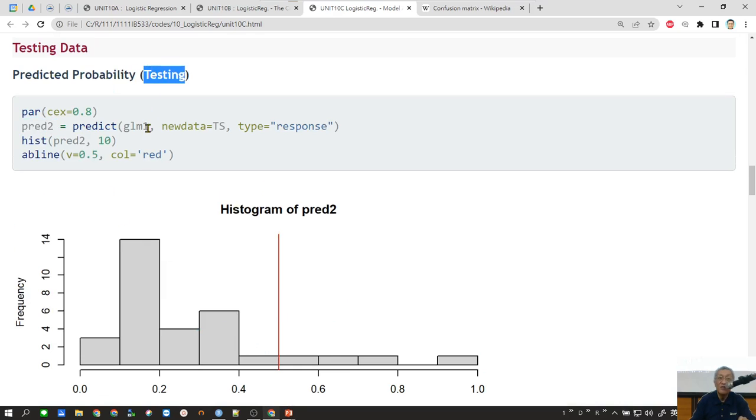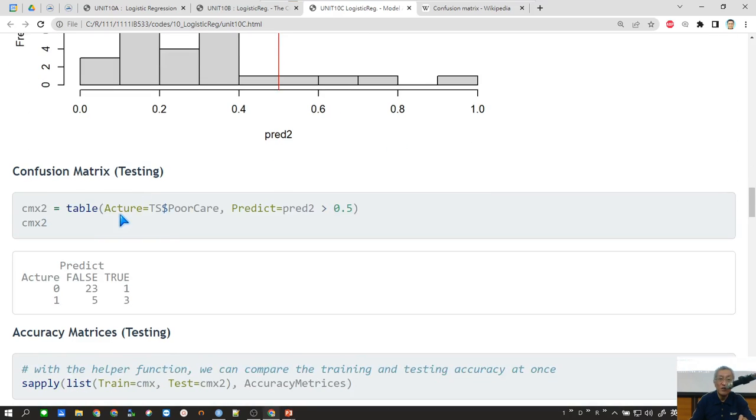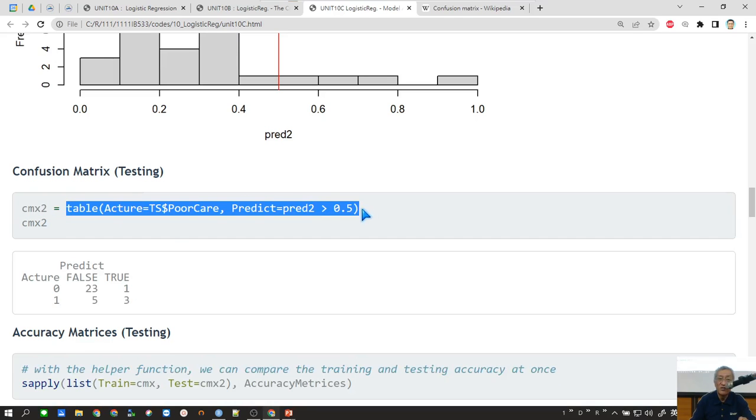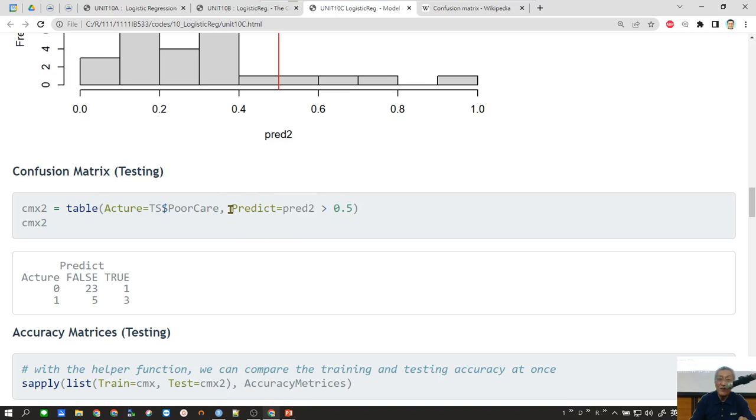This is for testing, and again you can get the confusion matrix. This is the true value, and this is the predicted value, where the predicted value is the predicted probability larger than 0.5. So you will have a confusion matrix.